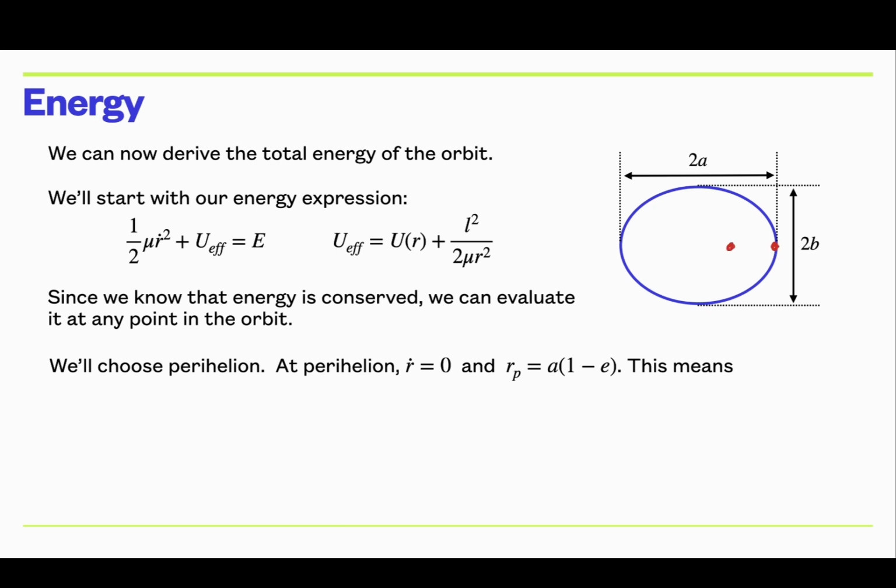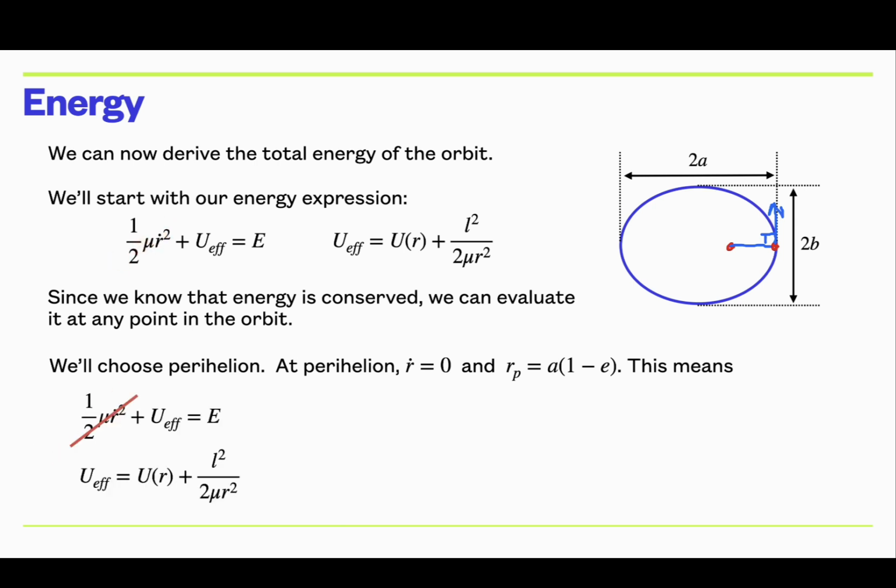Since it's at its closest point, the velocity vector has got to be perpendicular to the line connecting the planet to the object. That's got to be a right angle. Because of that, the object is neither moving towards the sun nor going away from it, and therefore r dot is going to be 0. So the radial kinetic energy term is 0.